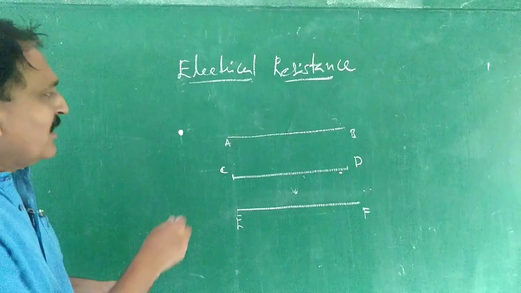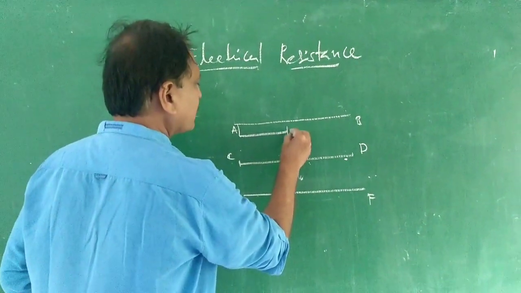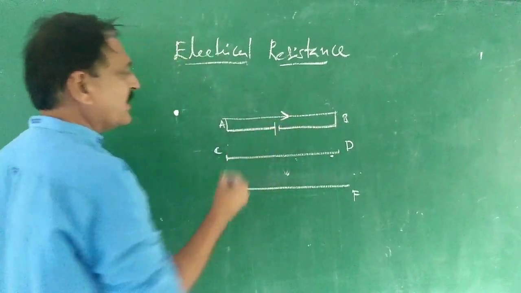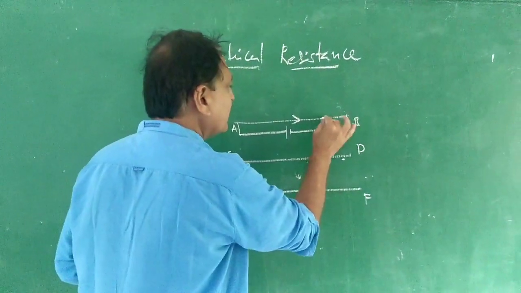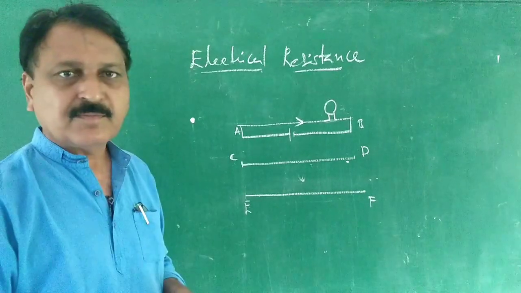Let us see, if you connect a battery, a current flows in the conductor. In between, if you put a bulb here, the bulb glows.